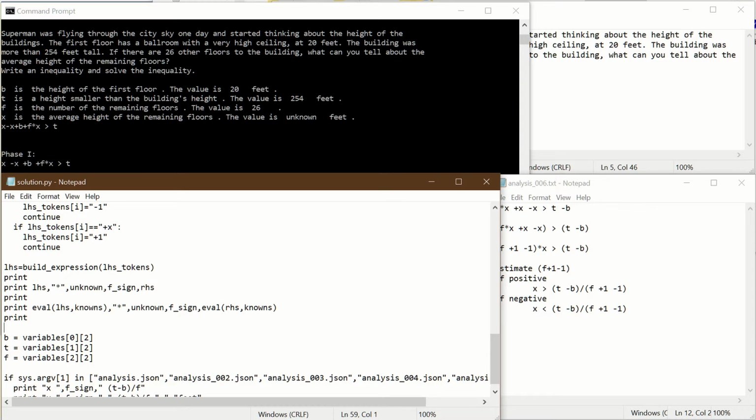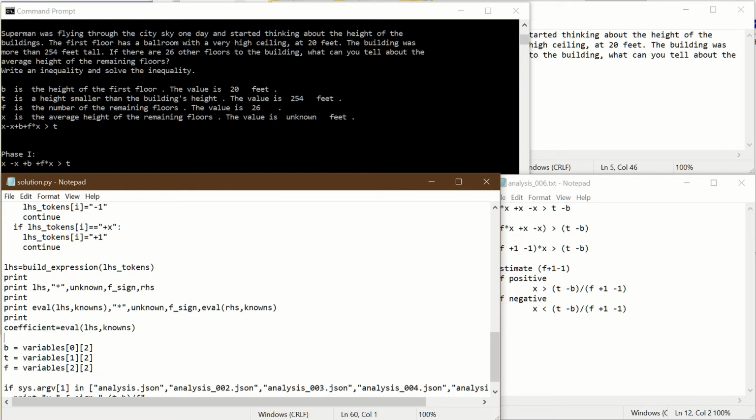I will first store the coefficient in a variable, so I will say coefficient equals eval of LHS and the unknowns.